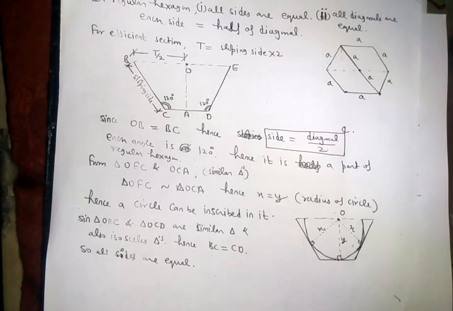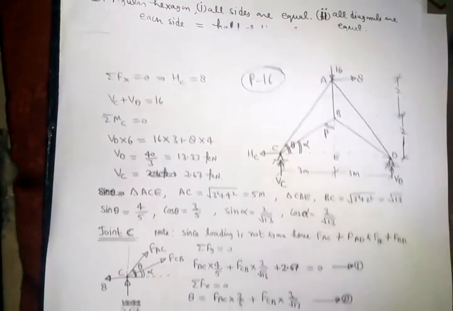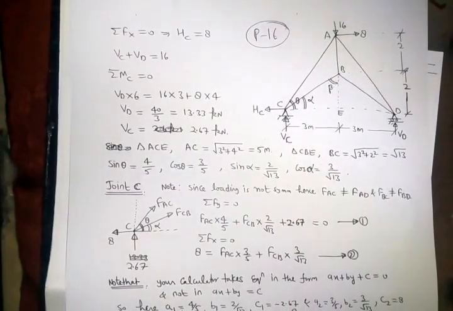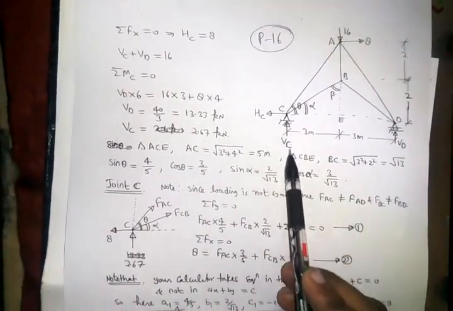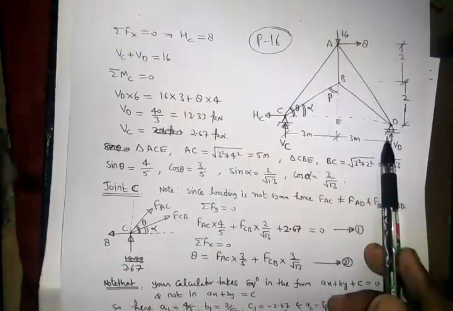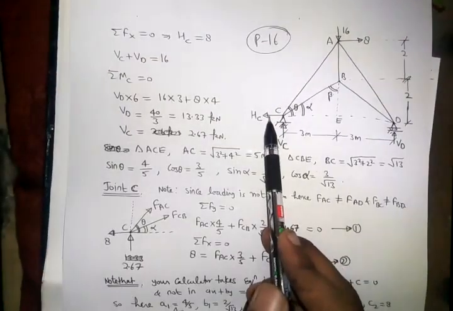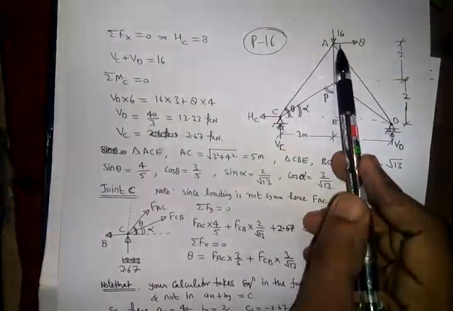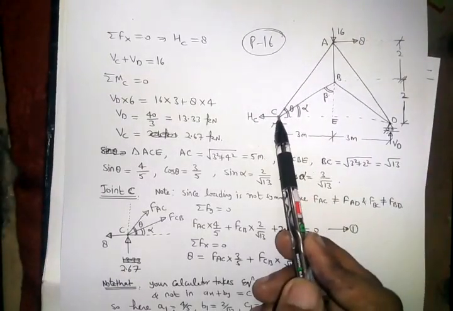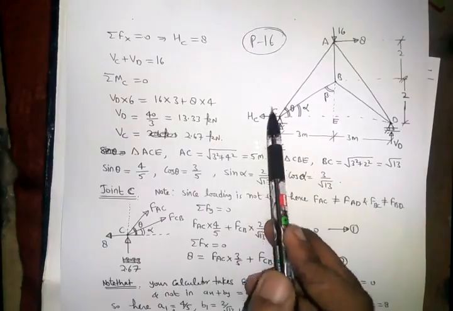See how we will calculate the reactions. Look, let us suppose two reactions, one is VC, one is VD, and one is HC, the horizontal reaction at C. Dear friends, since the force is in this direction, we can assume the reaction will be in the opposite direction.